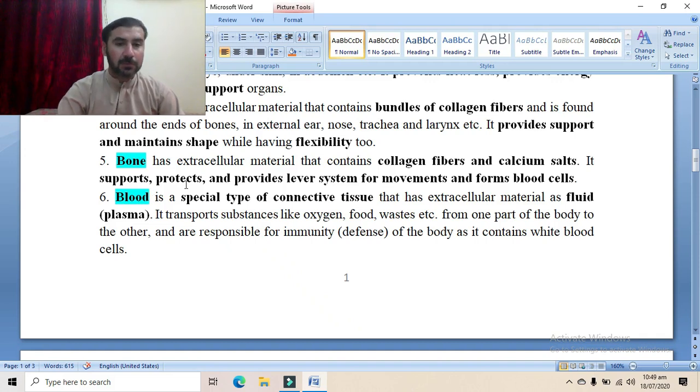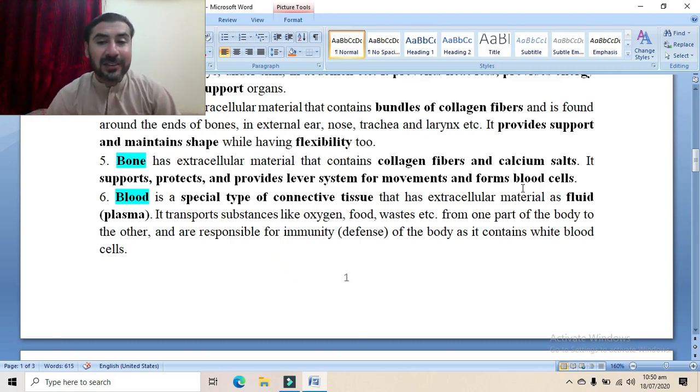It supports, protects and provides levers for movement and forms the blood cells also. Bone is a hard structure, so it provides support as well as protection. For example, our skull provides protection to our brain. This is one example, because our skull is made of bones.